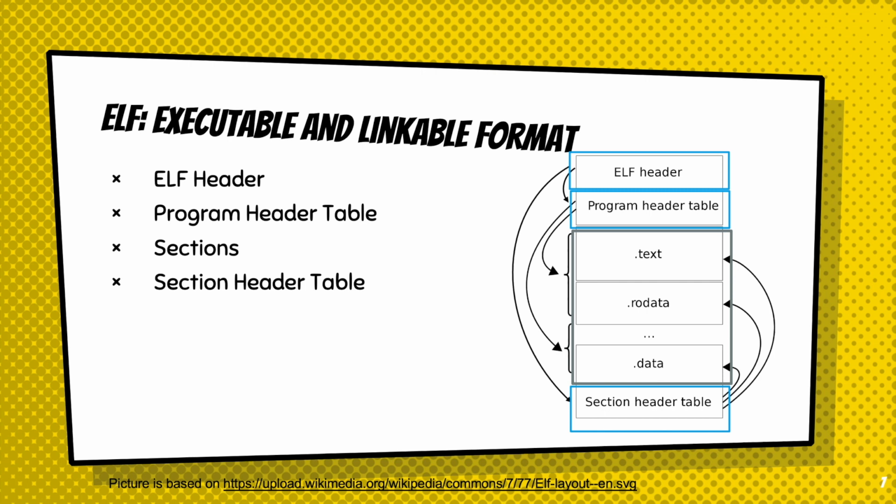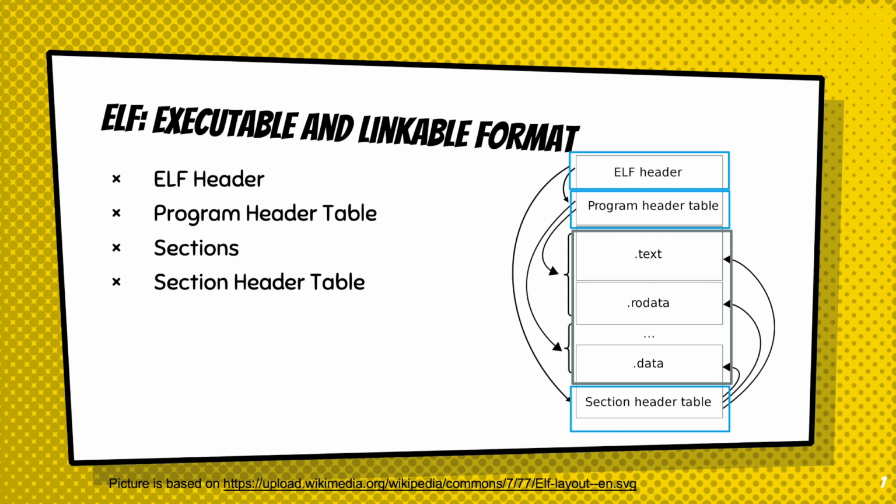In these four parts, the ELF header is the header of the entire ELF file. It will describe the high-level information of the ELF binary. This will also help direct the computer to the rest of the ELF. Similarly, the program header table is composed of program headers.